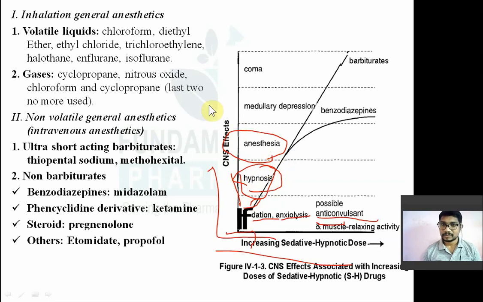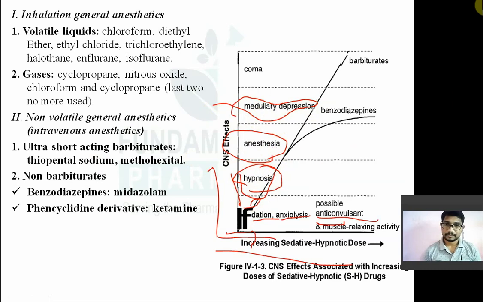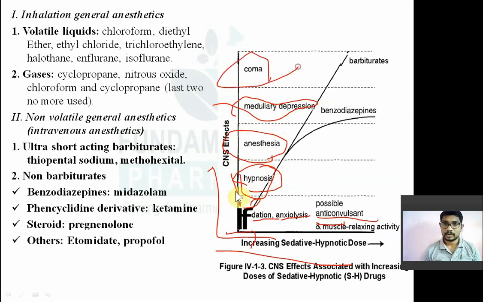If you still increase the dose, it can cause medullary depression, meaning the medullary centers get depressed: the vasomotor center, the cardiovascular center, then the respiratory center, then coma and death. This is the dose dependent action of the drug. Particularly barbiturates have dose dependent action, and compared to barbiturates, benzodiazepines are a little bit safer.